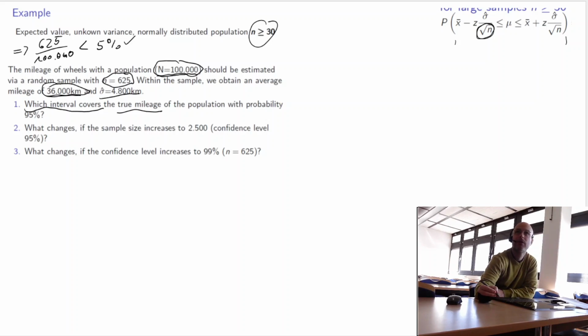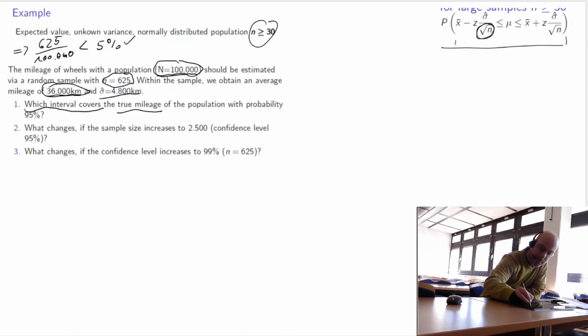And we want to know which interval covers the mileage of the parent distribution with a probability of 95%. And for this, we take this formula here.